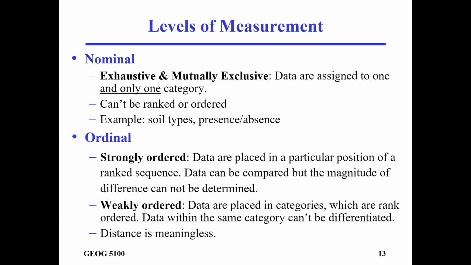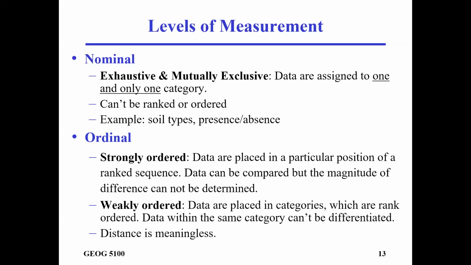There could also be weakly ordered ordinal data. Data are placed in categories which are rank ordered. Data within the same category cannot be differentiated, and the distance is meaningless.